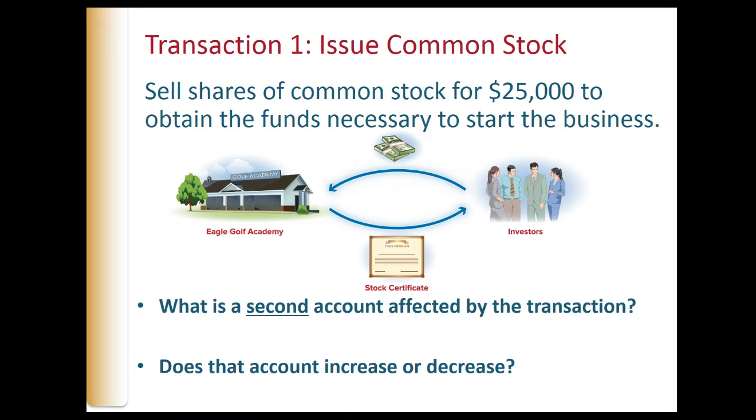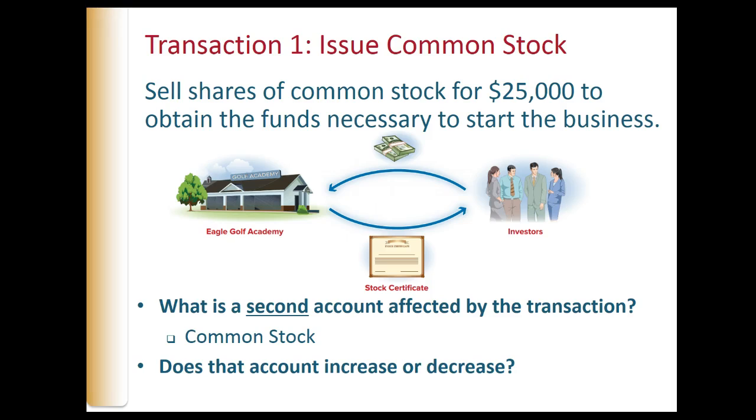Now, let's think of what's the second account that's going to be affected by this transaction, and is it going to increase or decrease? Okay, what's the account? What do you guys think?